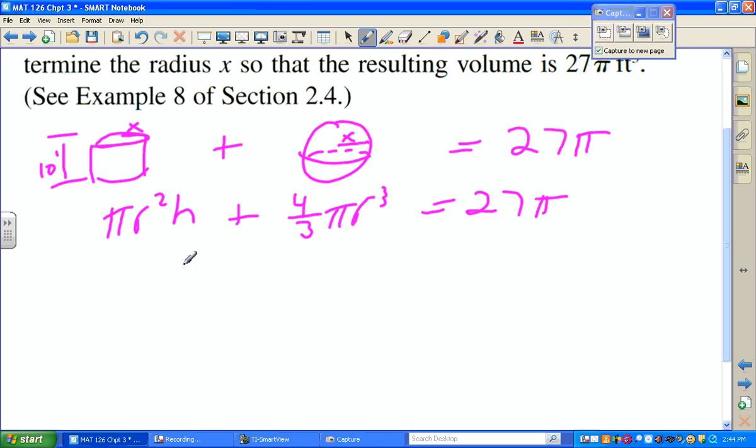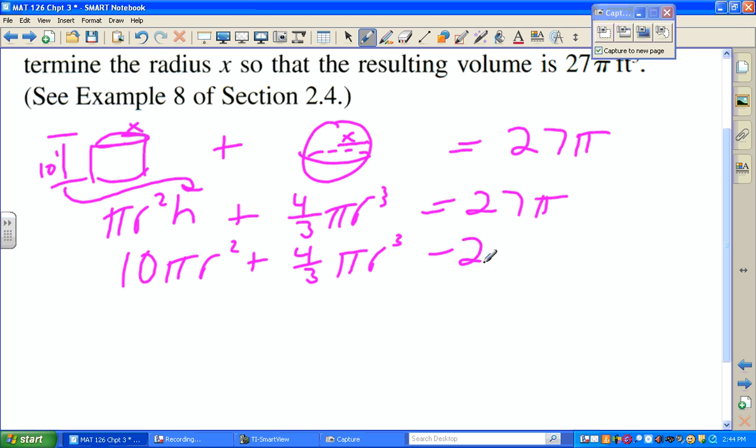Now, what's h in the problem? Yeah, the height of the cylinder, so that would be what? 10? So I have 10 pi r squared plus 4/3 pi r cubed minus 27 pi equals 0. Now all I have to do is solve that.